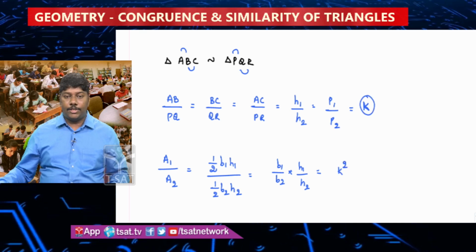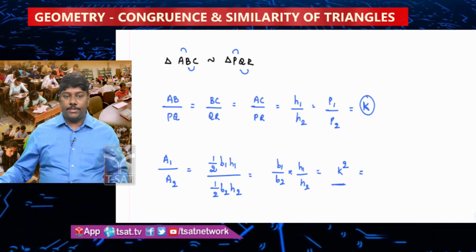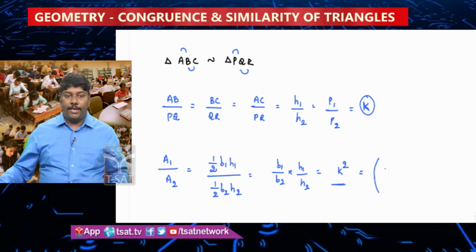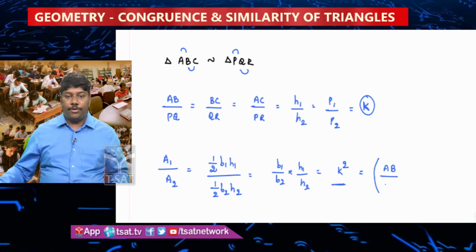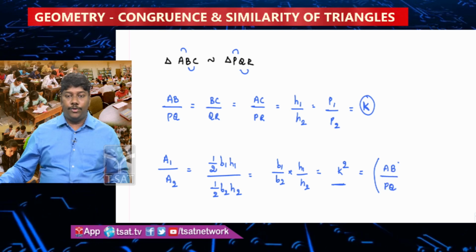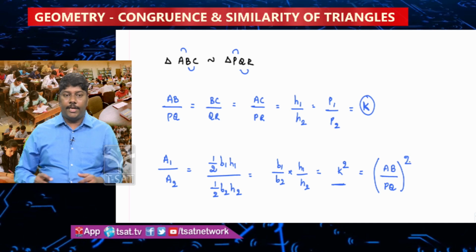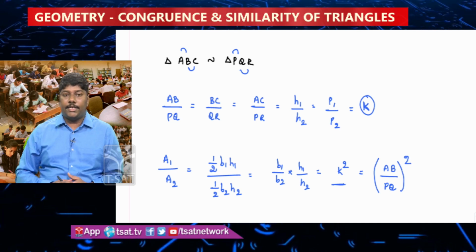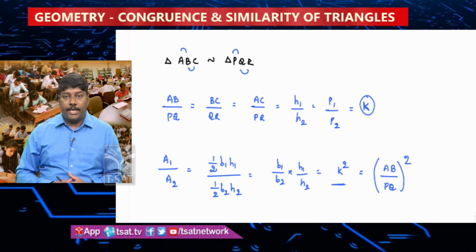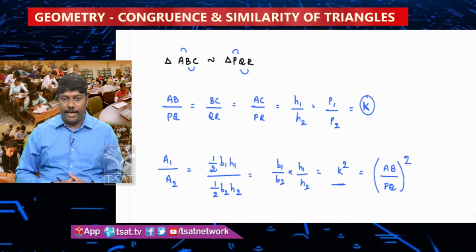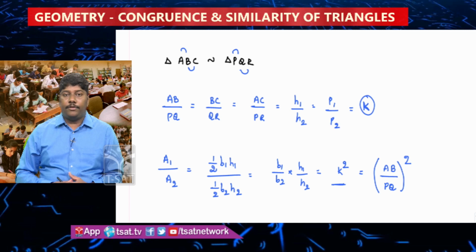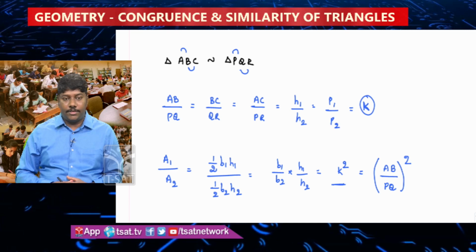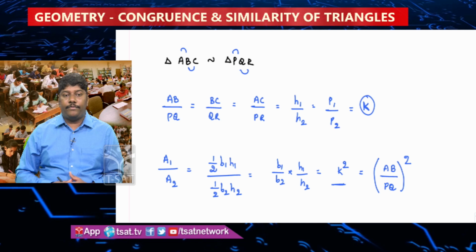So K into K, K square, which means the ratio of the areas of similar triangles is equal to the square of the ratio of their sides. AB by PQ you can take, or BC by QR whole square, or AC by PR whole square, or H1 by H2. If you know their heights, you can take the ratio of their heights and square it. If you know their perimeter ratio, then the square of this is equal to the ratio of their areas.